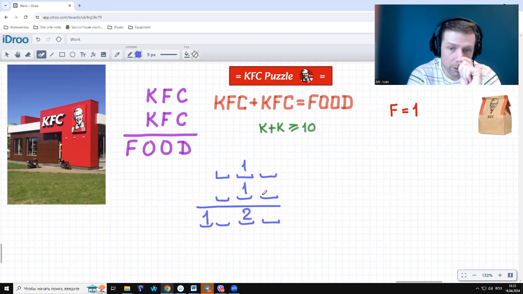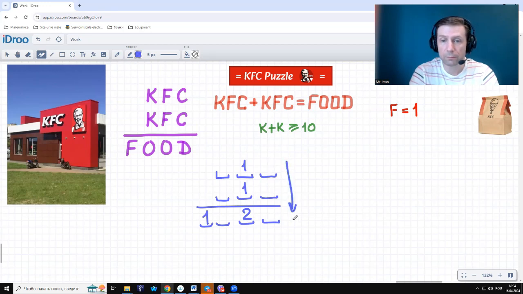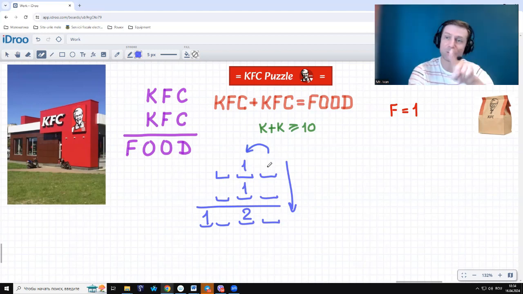Another question. Could it be, for example, 5 plus 5 or 6 plus 6 or something like that? I mean, could the right column give us a result which is greater than or equal to 10, so that one unit would travel to the neighboring left column?